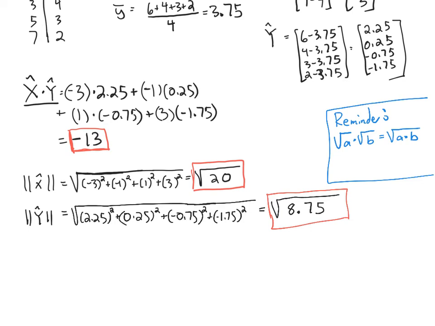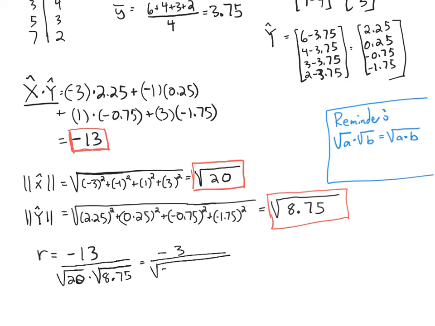Okay, so now r is going to be our dot product, which was negative 13, or x hat dot product y hat, and then over the norm of x hat, which was square root 20, times the norm of y hat, which was the square root of 8.75. But I'm going to rewrite this just to help me out a little bit: square root 13 over the square root of 20 times 8.75.